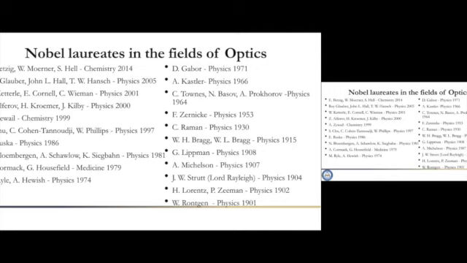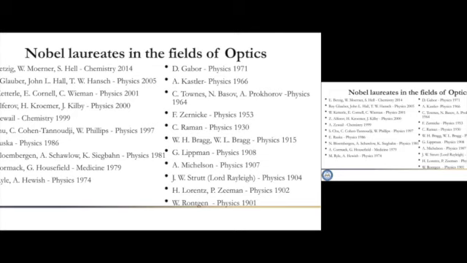And I should also mention Zernike in 1953, who discovered electron microscopy, and moving up through to the most recent Nobel Prizes, which include some in chemistry and medicine as well.